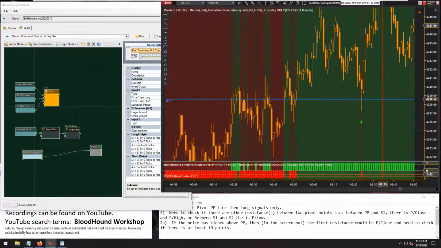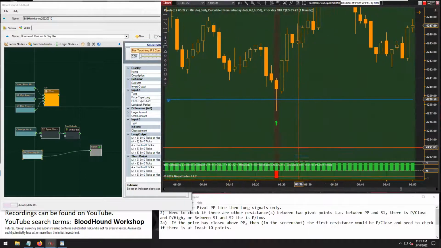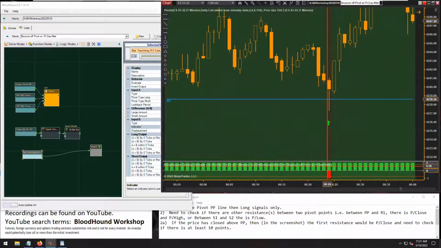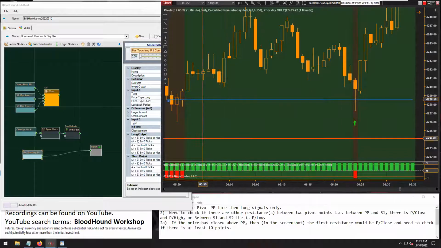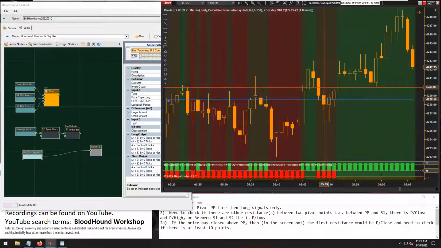What we're looking for is this long and short output together at the same time, right? Any bar that touches R1 gives us a long and a short at the same time. Just like over here, see all these bars that are touching R1, we're getting a long and a short together. That's what we're looking for.